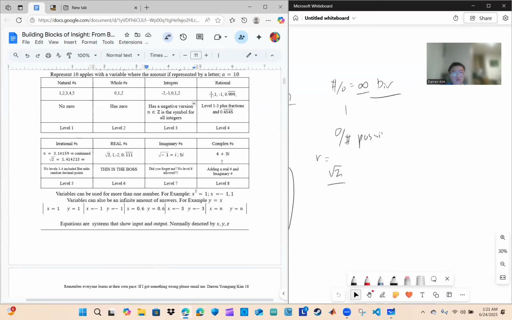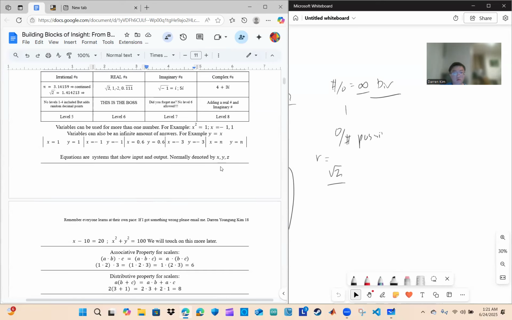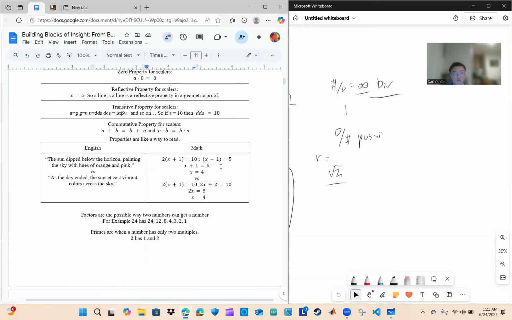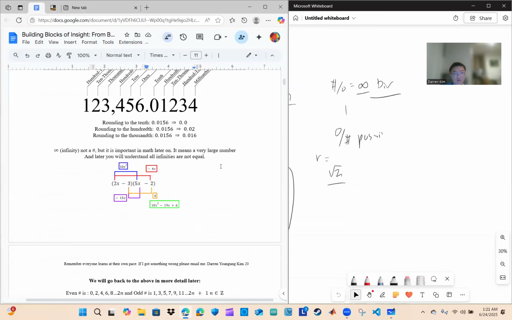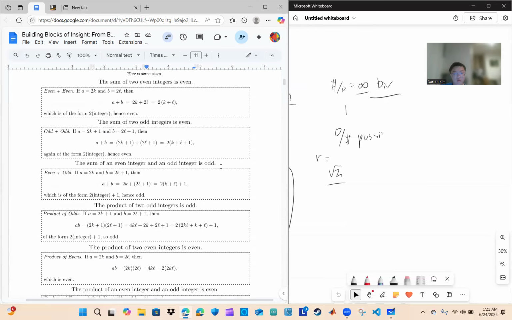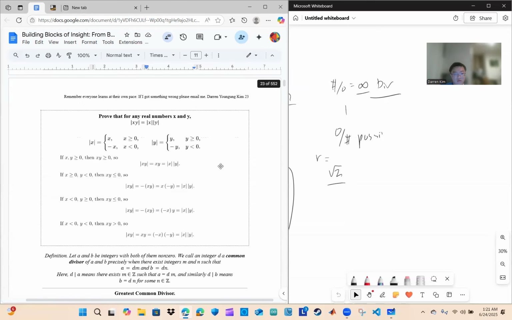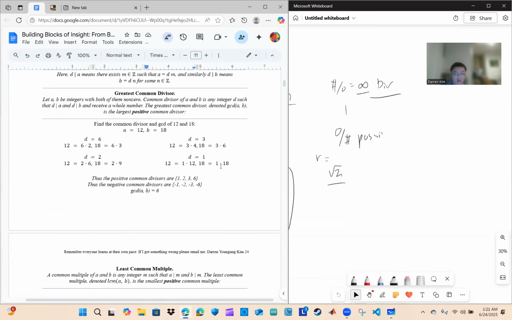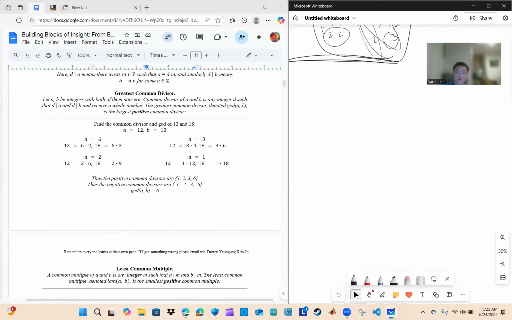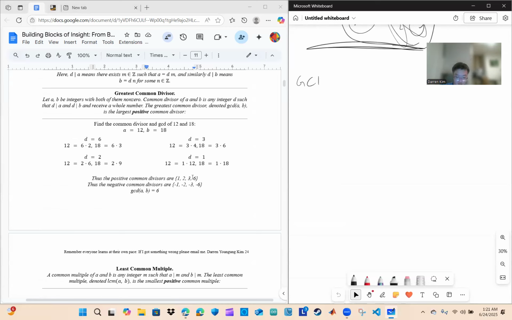Fully, no, but I could do it. We went to properties, and then we went to tens. We went to even odds, and then find absolute value. No questions that we already found before. And here is GCD.